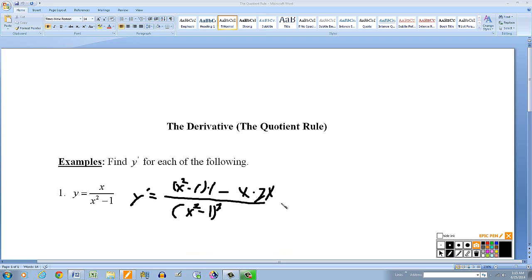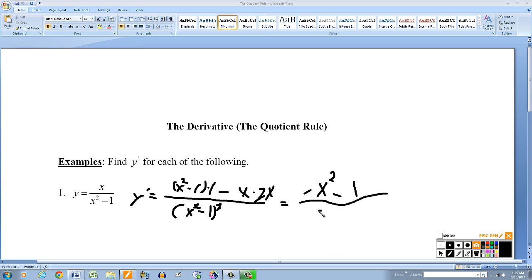And this is going to equal, and then we just simplify. Okay, so this will be x squared minus 1, and this will be minus 2x squared. So combining the minus 2x squared and the x squared will give me a minus x squared minus 1.